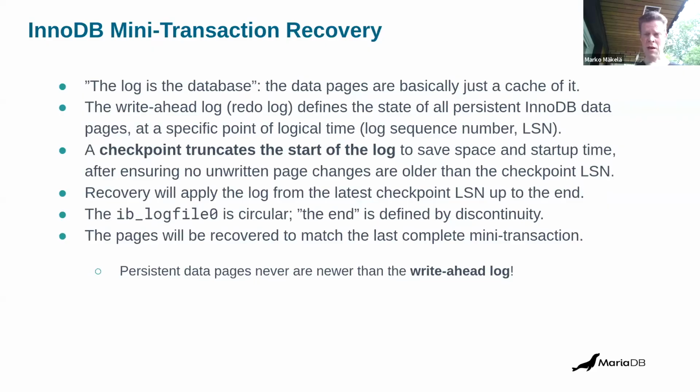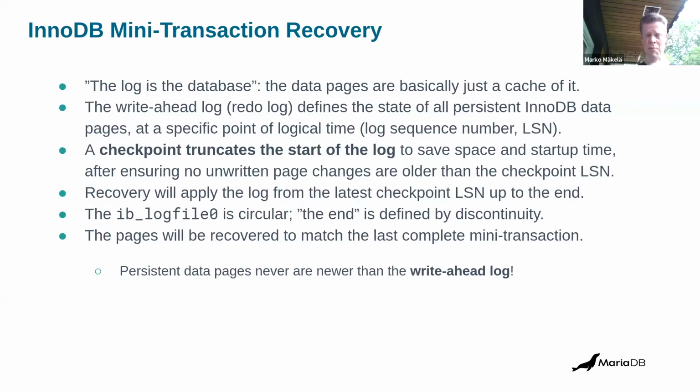And we also save time in case the database is killed and restarted, because recovery would have to process all the log from the latest checkpoint to the current end of the log. So the checkpoint will ensure that there are no unwritten page changes that are older than the checkpoint LSN in the buffer pool, and then it will advance the checkpoint header to that log sequence number.